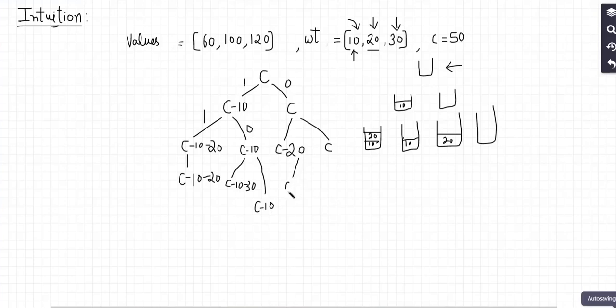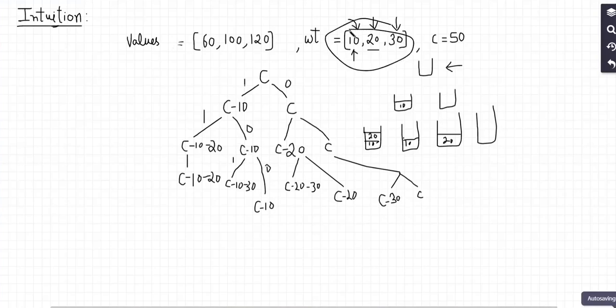Yes, we can. That will give me a remaining capacity of C minus 20 minus 30, and another case where we do not take this item as well. So in this final state, we take the last item into the knapsack, then we do not take this item into the knapsack. So we have explored all the possibilities for all these 3 items.